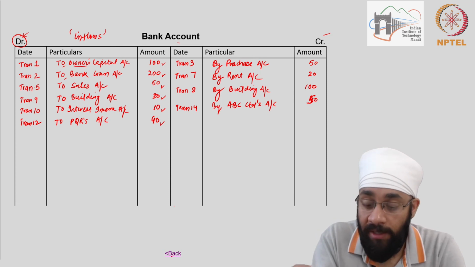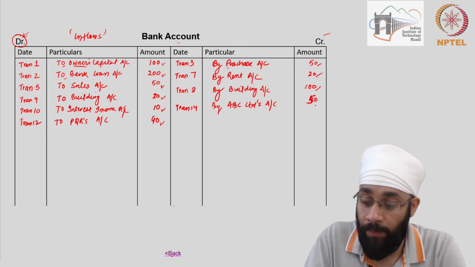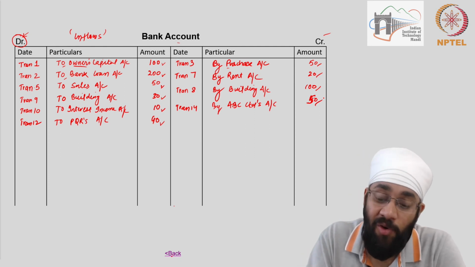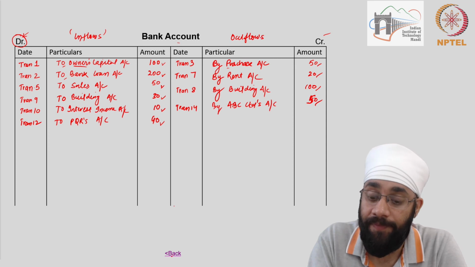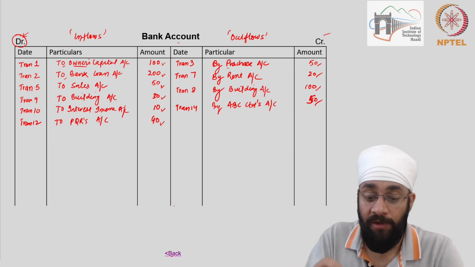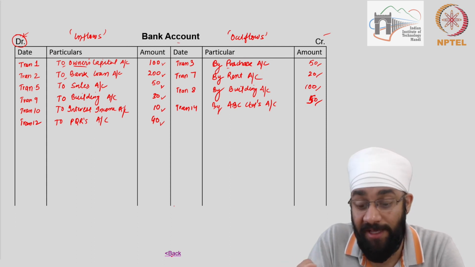On the other hand, you have purchases. When you purchased, you paid 50, you paid rent, you purchased a building, so you paid for it, and then you paid to your supplier. So on the credit side, you have all the outflows from the bank account, and you know the reasons for it as well.